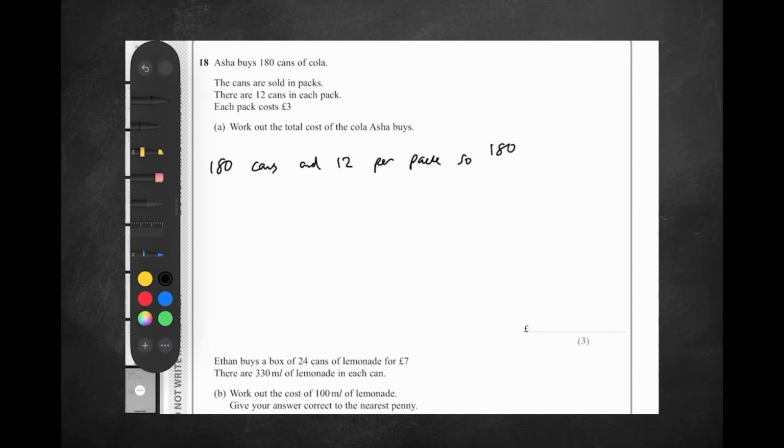So 180 over 12 packs. I'll put that in my calculator. 15 packs. Each pack's £3. Therefore, 15 times £3 is £45.